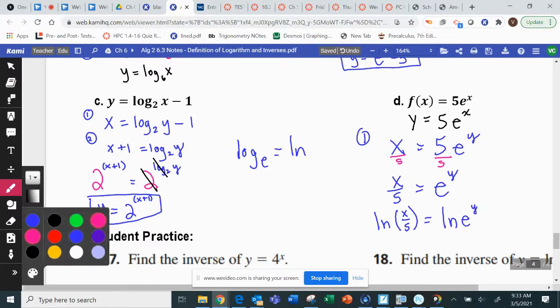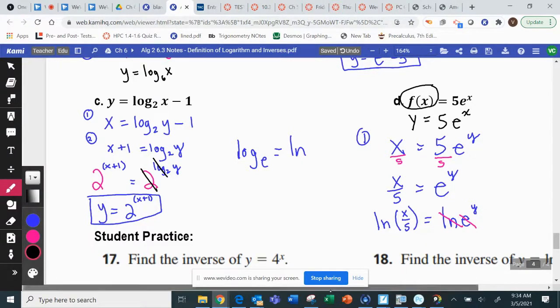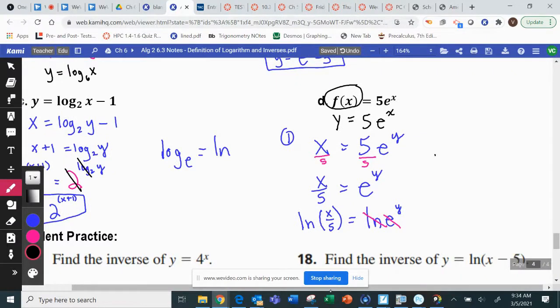And ln of e cancels. So we get y by itself. On the other side, I have ln of x over 5. This one has to be written back in function notation. So I will write f inverse of x equals ln of x over 5.